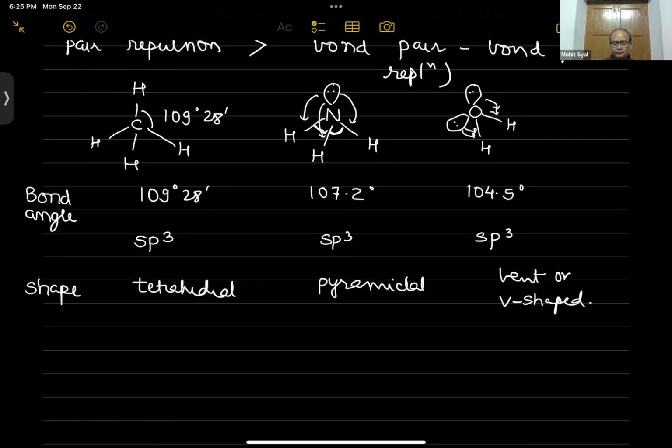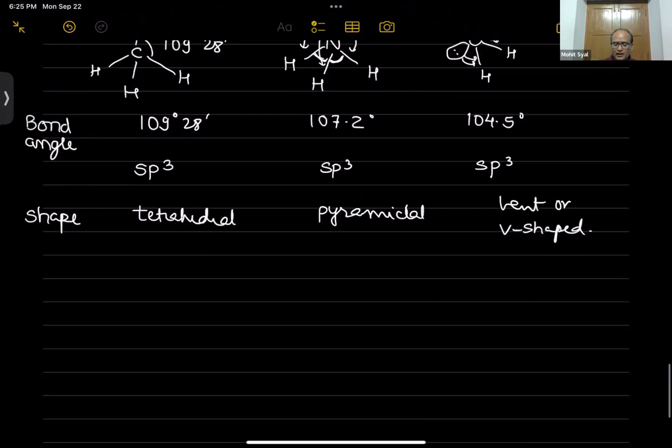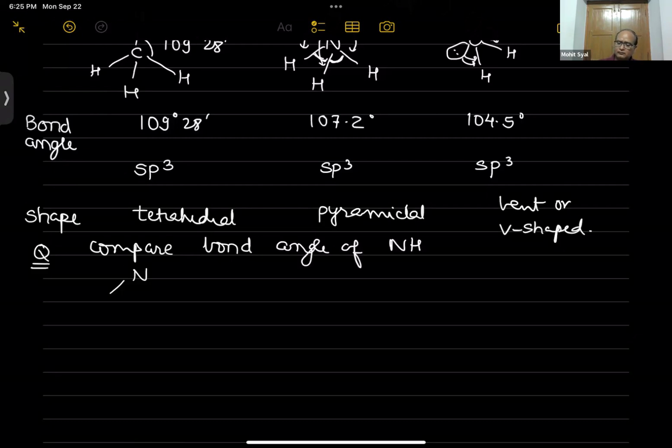Next is, can you compare the bond angle of NH3 and NF3? And with this example, we are going to discuss one more point of VSEPR theory.